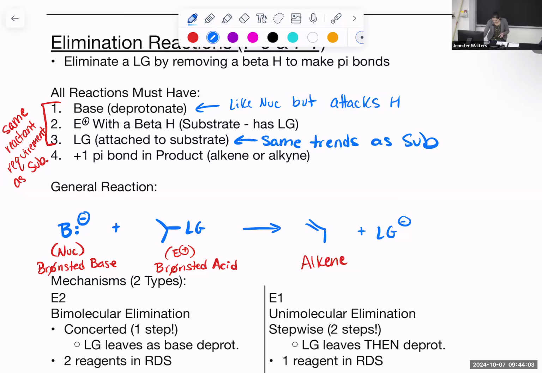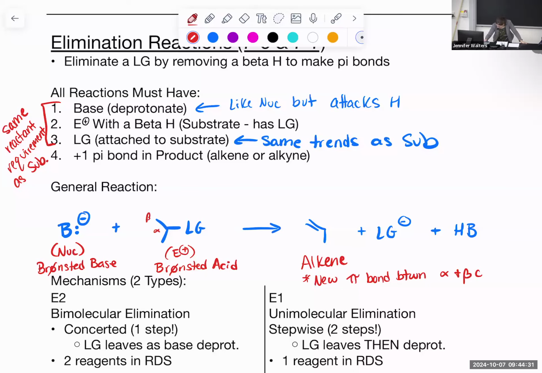But the difference is that I now have that hydrogen connected to the base. Because I'm getting a new pi bond between my alpha and beta carbons, I have to lose that beta hydrogen.